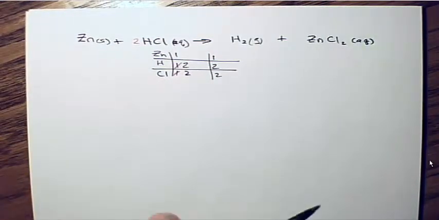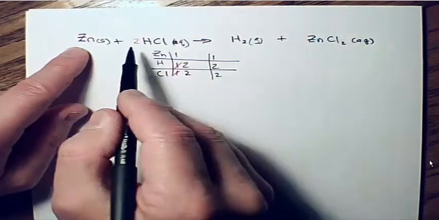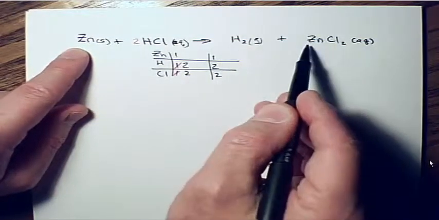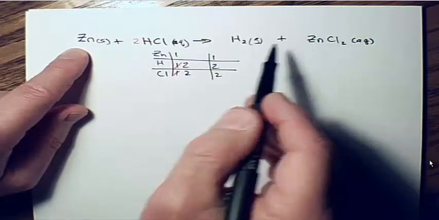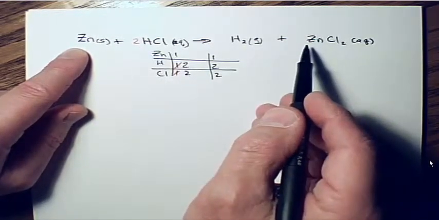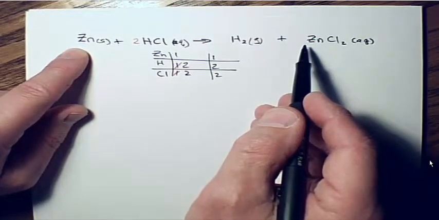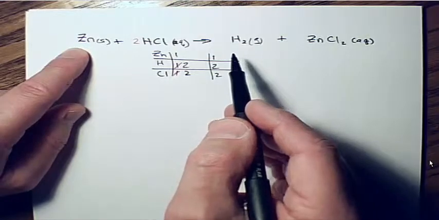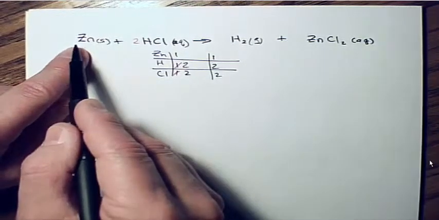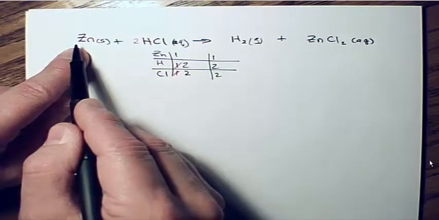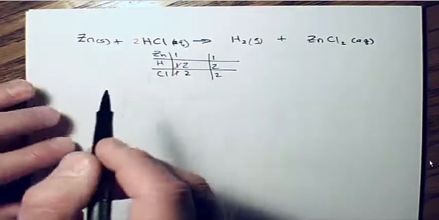Molar ratios. We said molar ratios are just a comparison of the coefficients in front of the chemical species in a balanced chemical equation. And we now have a balanced chemical equation. I have a dozen different molar ratios that I can write, because I also said they're usually in the form of a fraction. So if I have 1 mole of zinc, how many moles of hydrochloric acid do I have? 2.